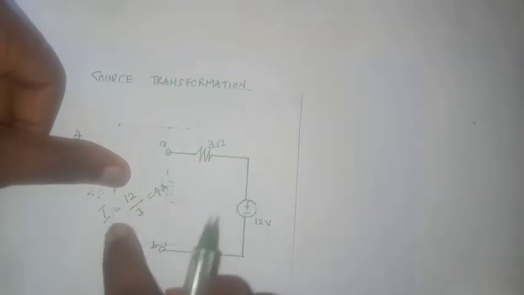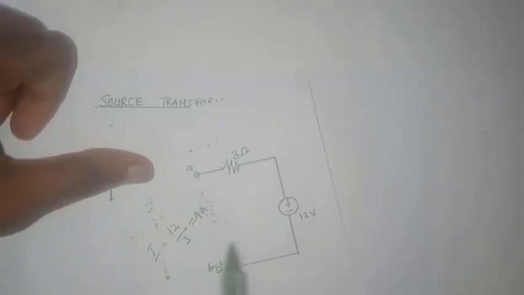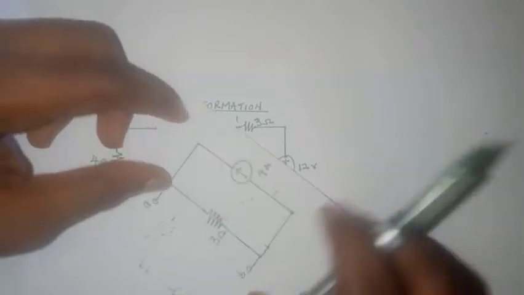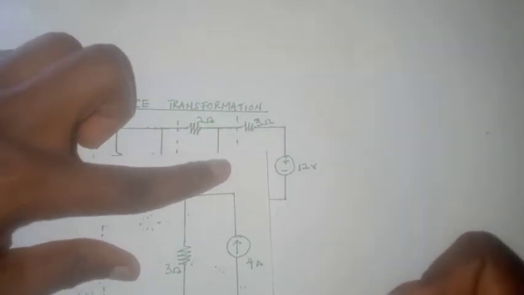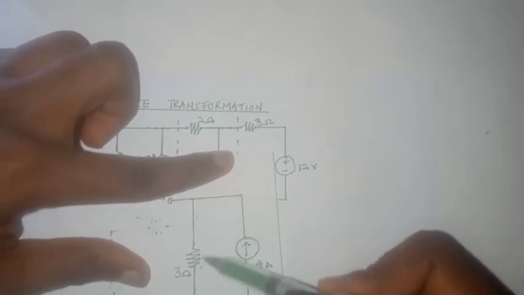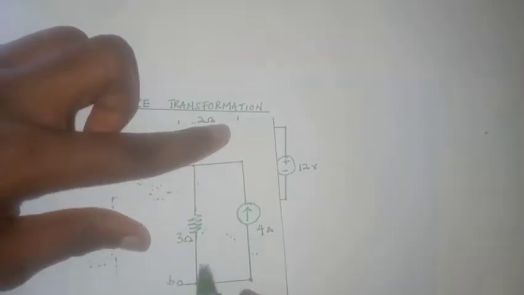So we put a current source in parallel with the 3 ohm resistor, and we would have a current source with the current flowing upward in parallel with the 3 ohm resistor.